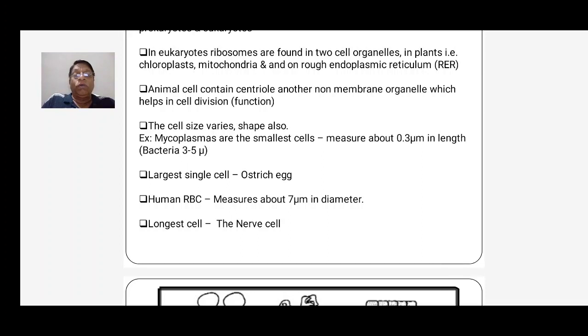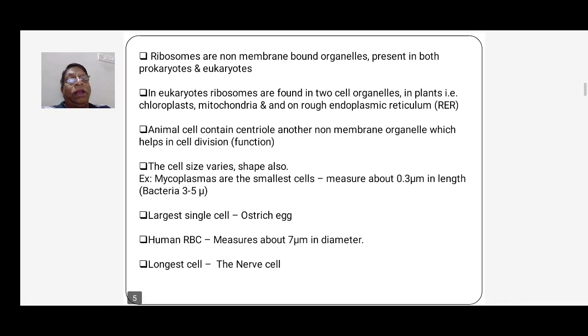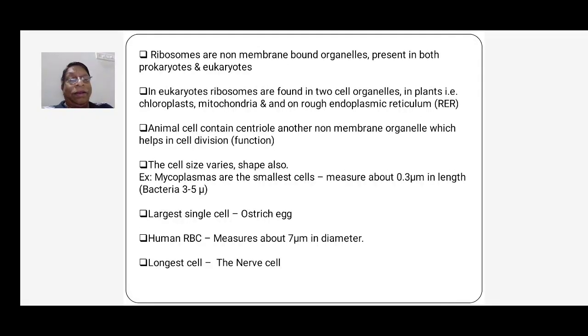For 1 mark question. At the same time, the biggest or the largest cell is the ostrich's egg. The egg cell, which is a single cell, is actually the biggest cell. What about human RBC? Human RBC measures about 7 microns in diameter.